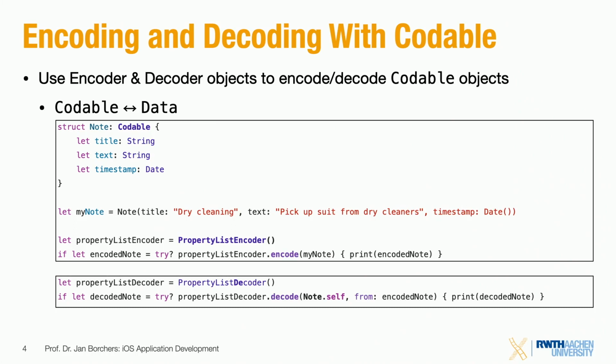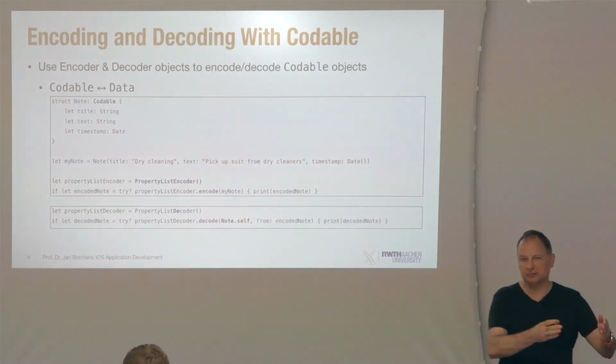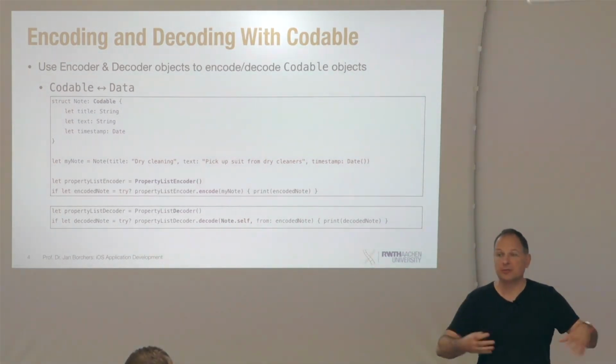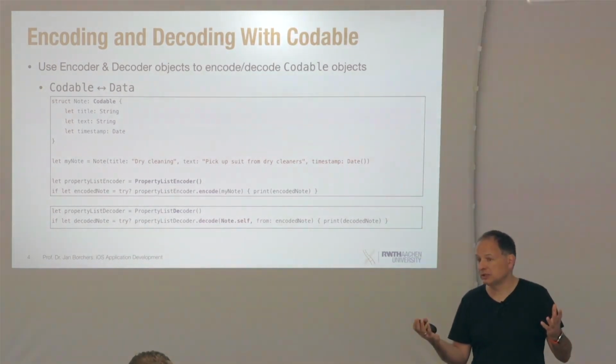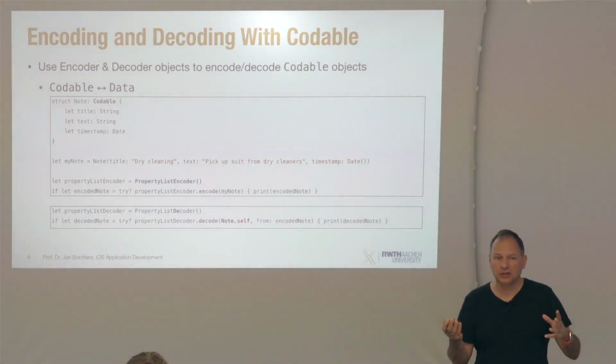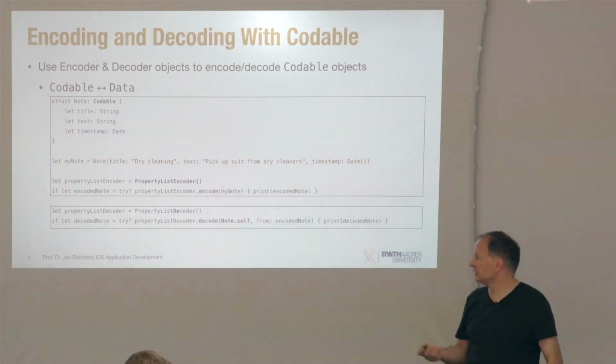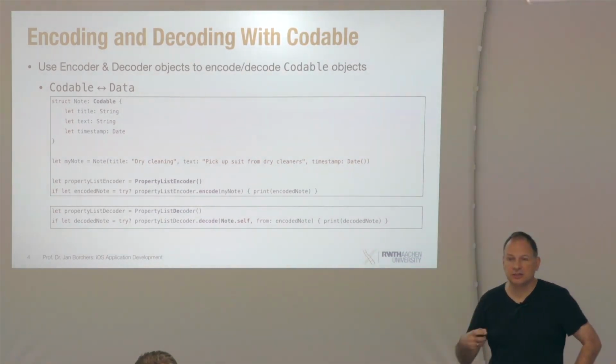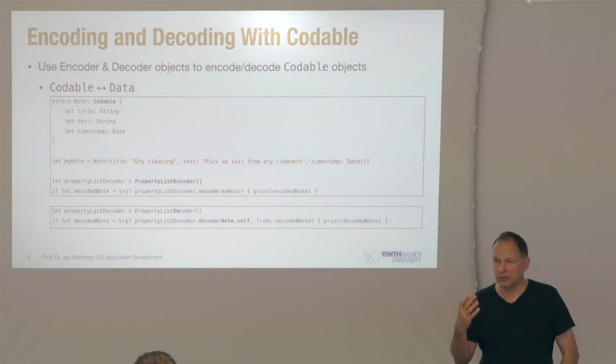Anything else in here? Yeah. So the decoder kind of has to do some magic, right? It gets a stream of bytes, and it's supposed to create something from it. It needs to know what to create, right? It needs to know, okay, what should I make from these bytes? And so that's why you need to tell the decoder with Node.self that whatever you're creating there will be an object of type Node.